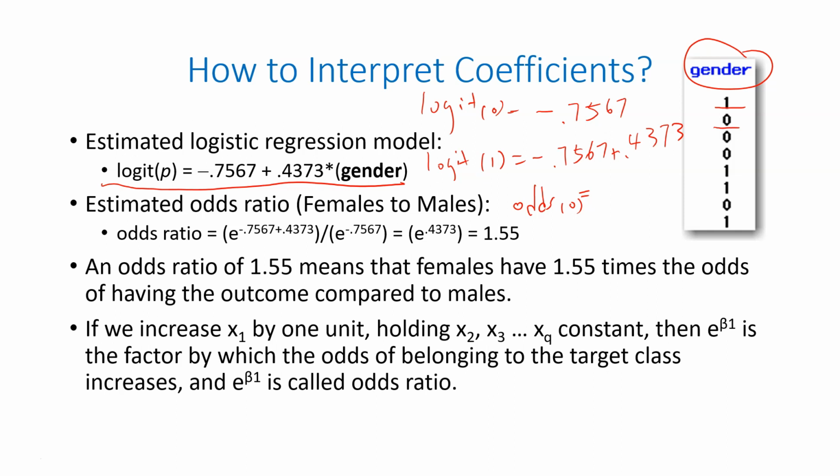So, if we convert them into odds, for someone who is not female, the odds value is e raised to the power of negative 0.7567.